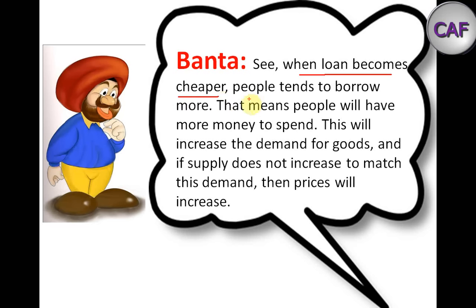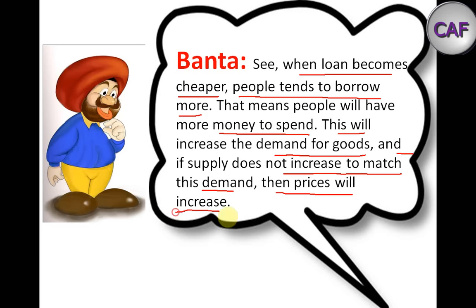When a loan becomes cheaper, people tend to borrow more. This is a human tendency. That means people will have more money to spend. This will increase the demand for goods, and if supply does not increase to match this demand, then prices will increase.